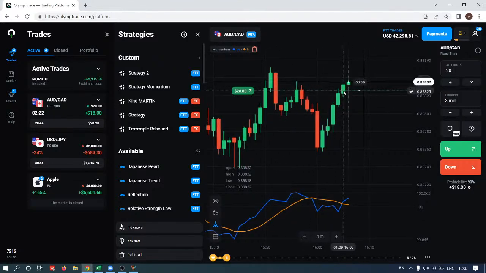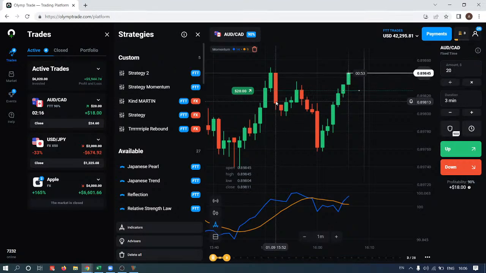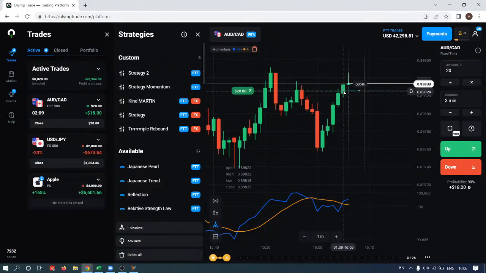If we count back 1, 2, 3, 4, 5, 6, 7, 8, 9, 10, 11, 12, 13, 14, we can see the closing price of the candlestick 14 candlesticks back. We divide the current quote by this and we get this value, 100.0 something.